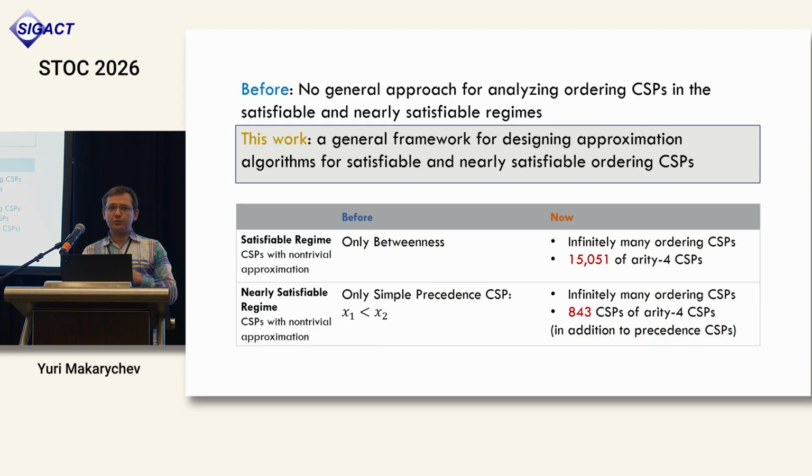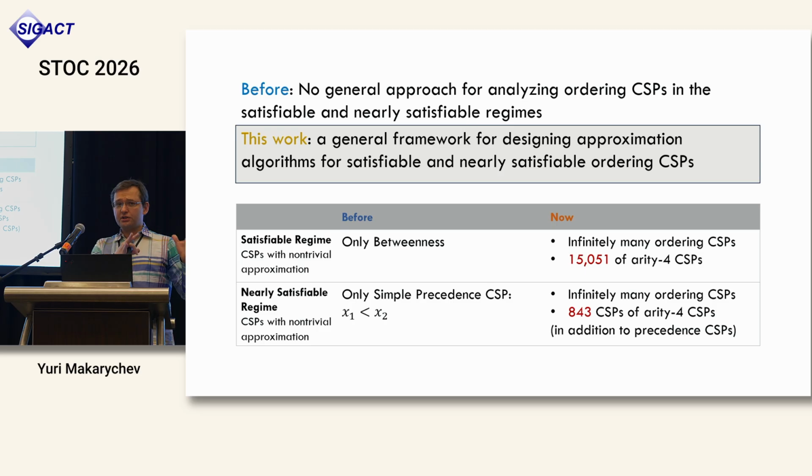In this work, we provide a general framework for solving these problems for any predicates phi or even constraint languages. In particular, we show that there are infinitely many ordering CSPs that have non-trivial approximation in the satisfiable regime and in the nearly satisfiable regime.